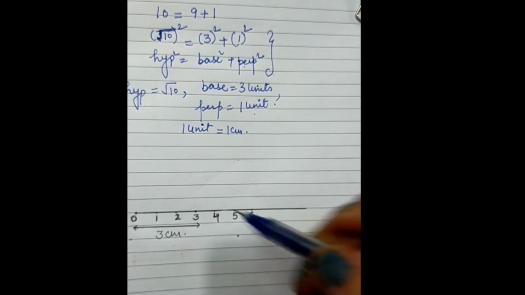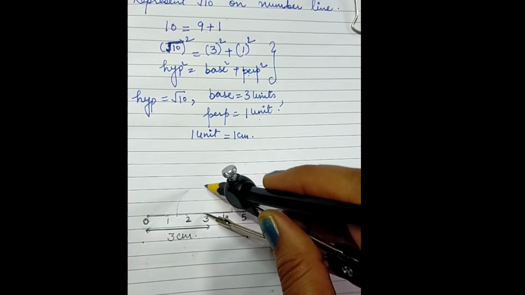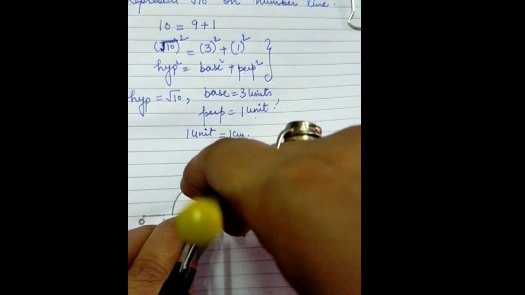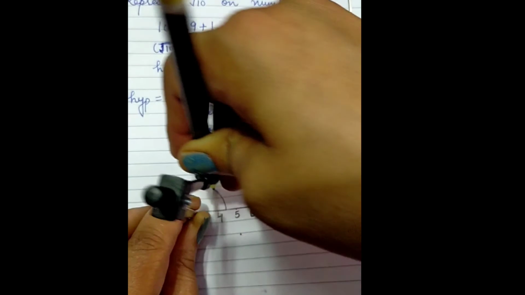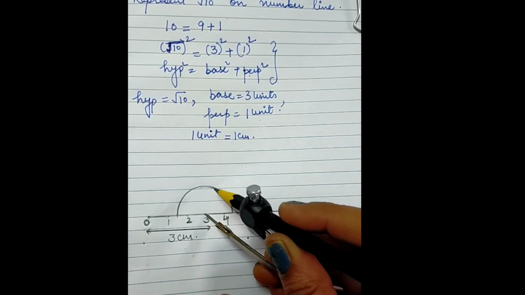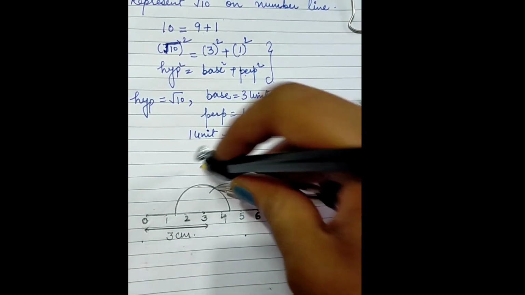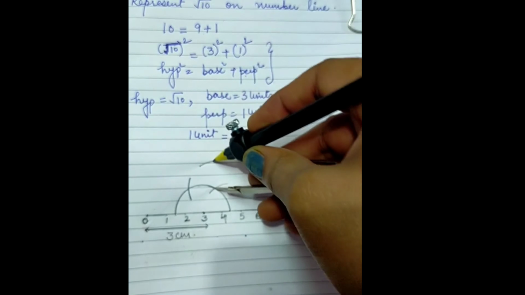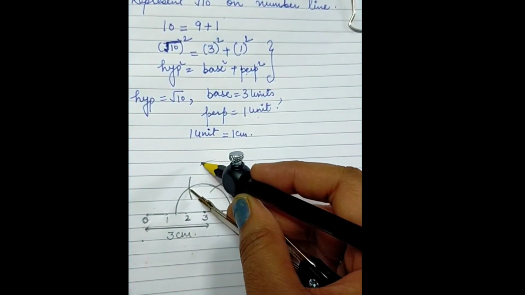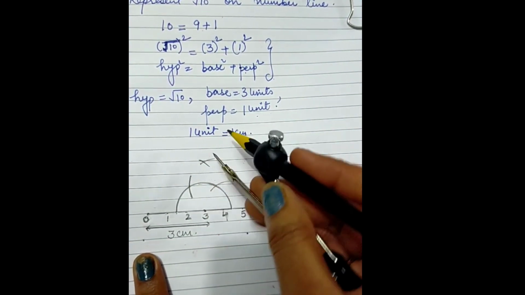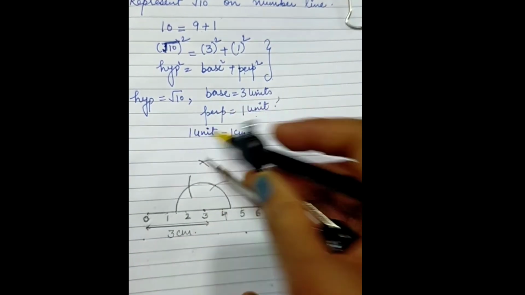So let's draw perpendicular over here. First of all, on 3 we have made a mark. Now 60 degree, then 120 degree, and then bisection of 60 and 120. That will give us 90 degree.